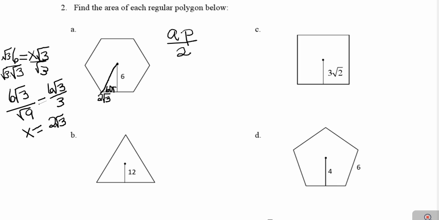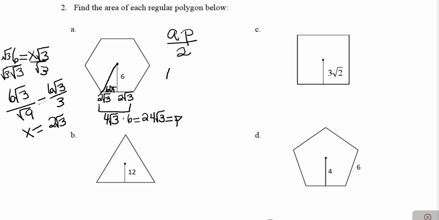So if I want to find the entire side, since I know the apothem bisects the side of the polygon, this side would also be 2 root 3. So the entire side of my regular hexagon is equal to 4 square root 3. So to find the perimeter, since there are 6 sides, I'm just going to multiply this by 6 to get 24 square root 3 as my perimeter.